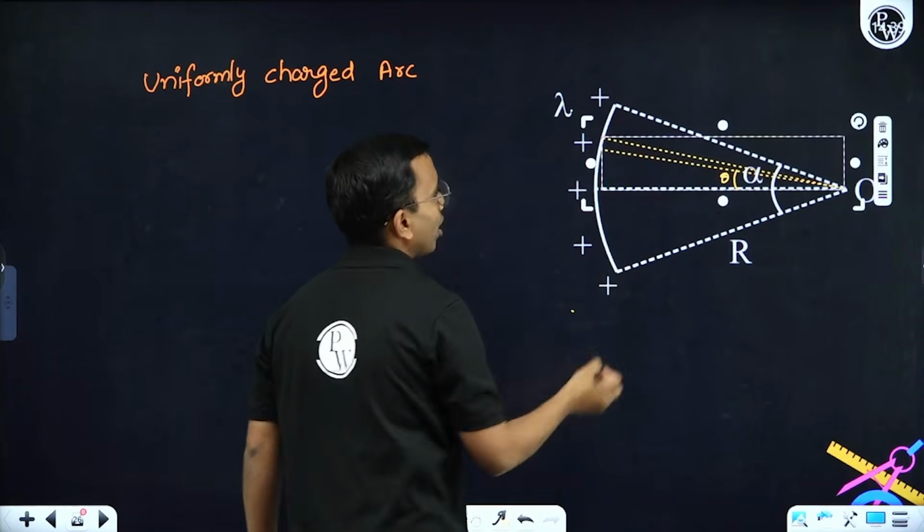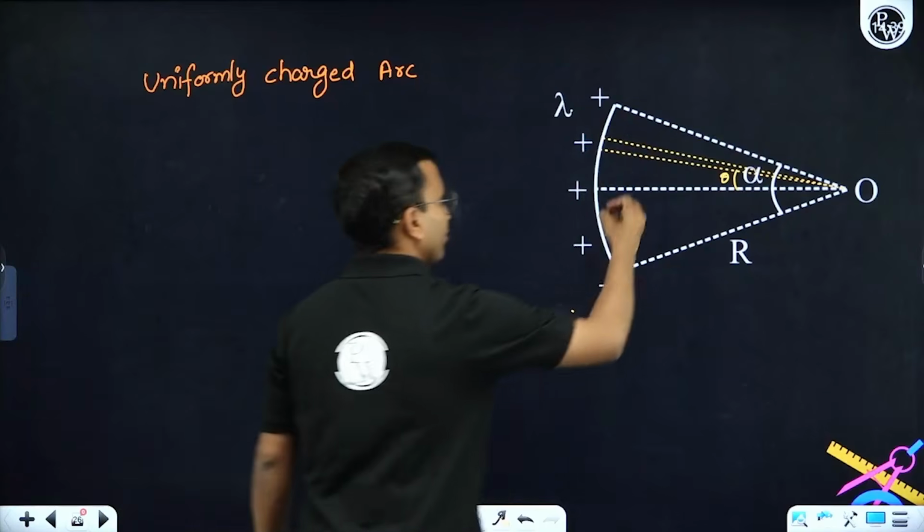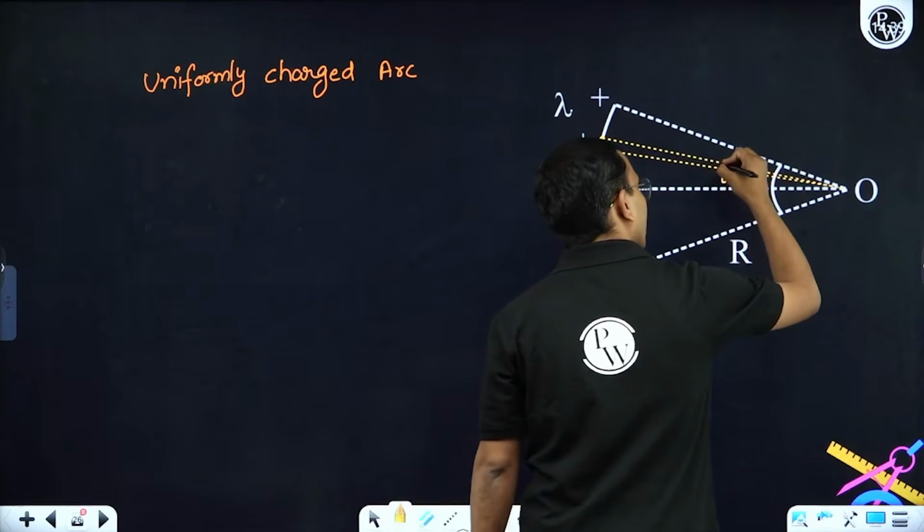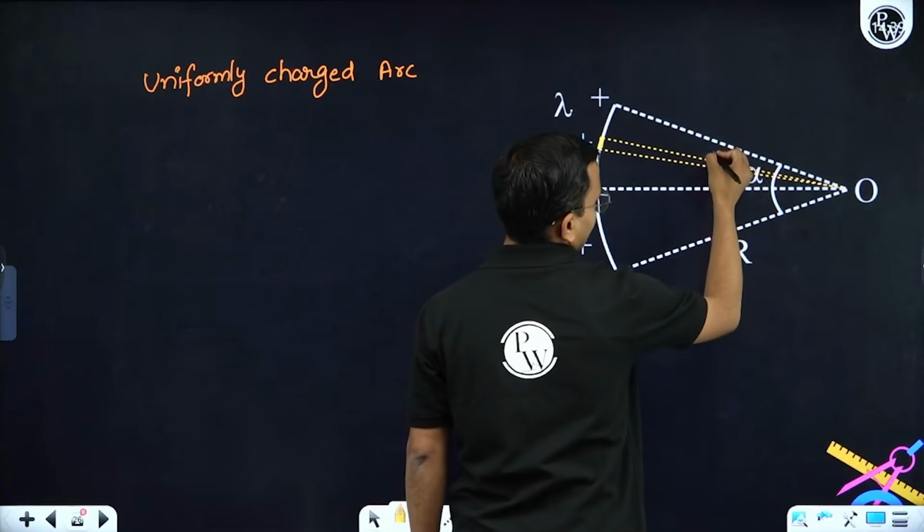That small arc is making a small angle d theta there. Okay, this is d theta.